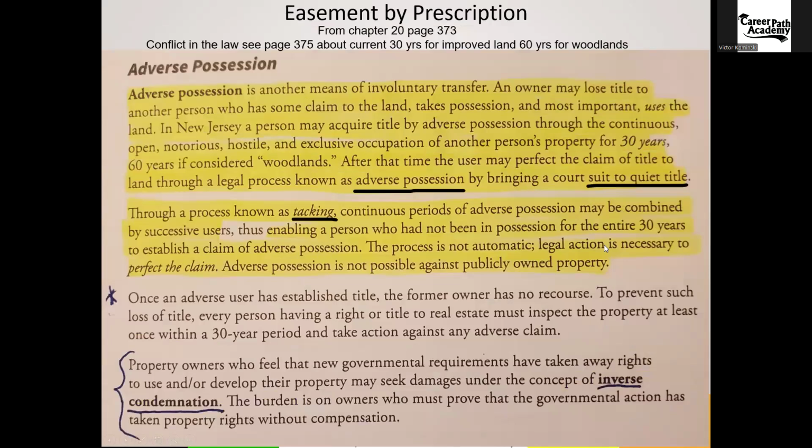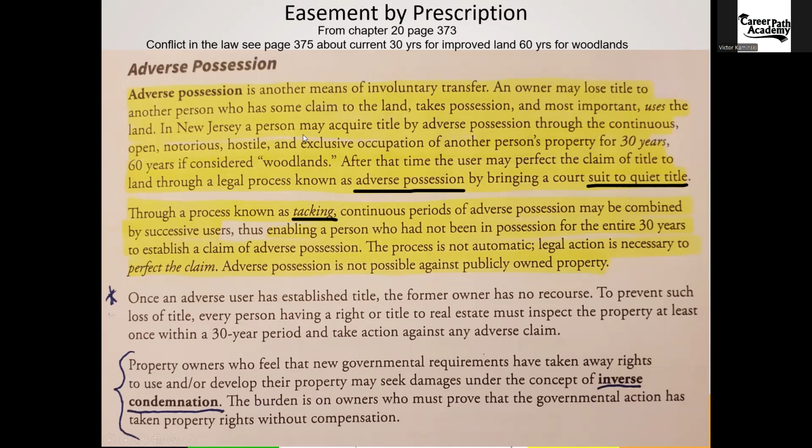So, this is from chapter 20, so you don't have to go highlighting this now. We already highlighted it because we already did chapter 20. We jumped ahead there. Adverse possession is another means of involuntary transfer of title. An owner may lose title to another person who has some claim on the land, takes possession, and most importantly, uses the land.